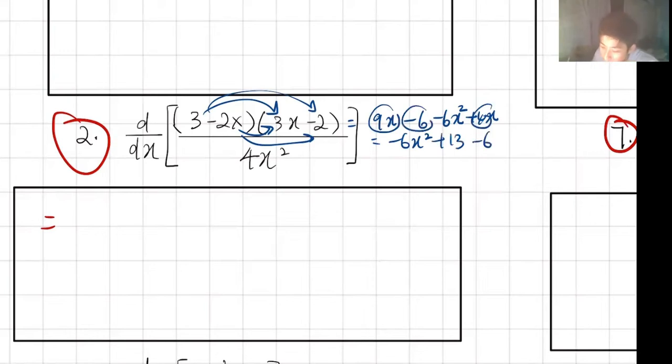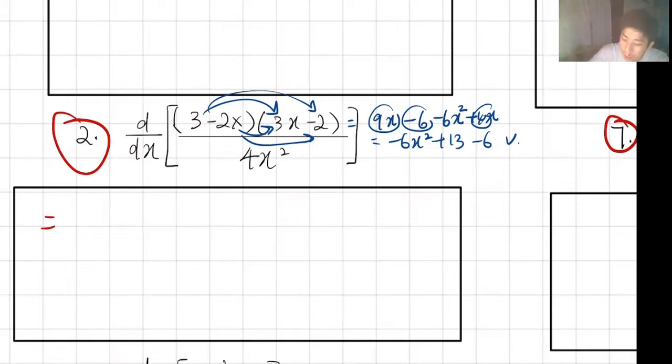I'm not sure whether I calculated it correctly. Yeah, I think it's correct.